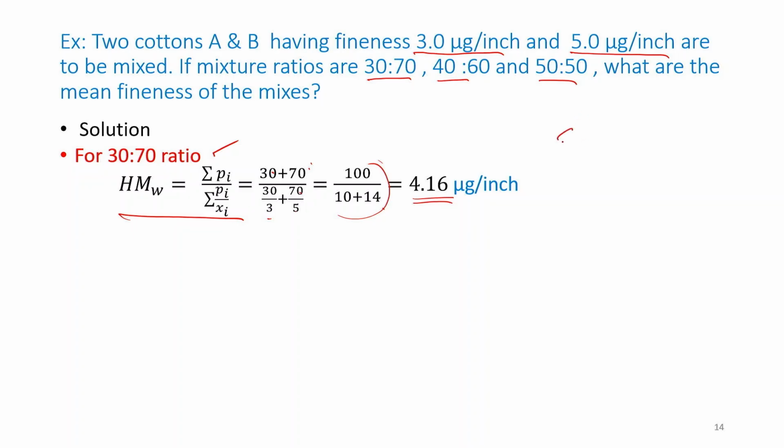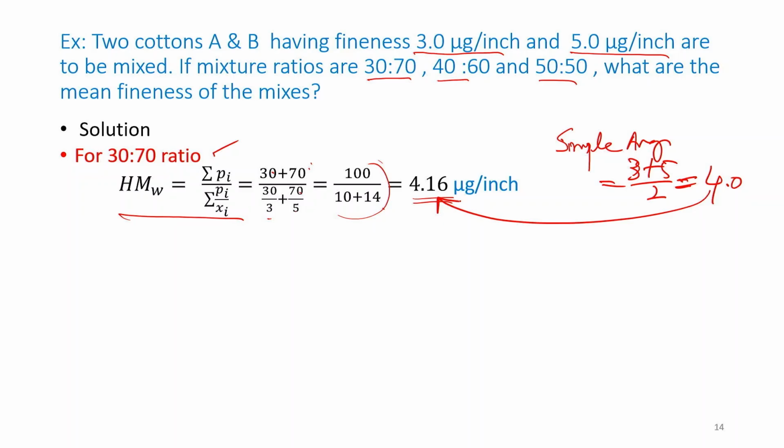Simple average is how much? It will be 3 plus 5 by 2, that is 4. But actually this should be 4.16, not 4.